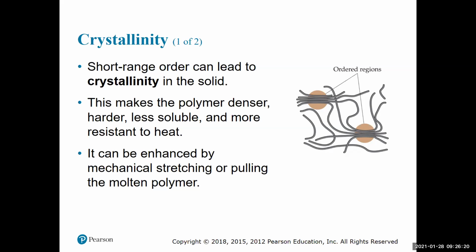As you get more of this order, the polymer tends to get denser, tends to get harder, more resistant to heat. Kind of the same stuff you expect out of a crystal or that covalently bonded solid. Order in molecules tends to give it strength.